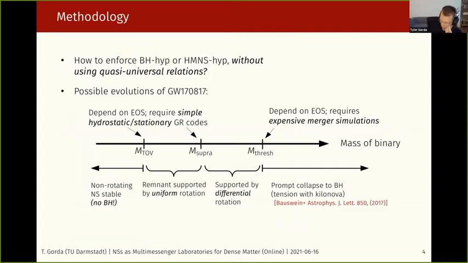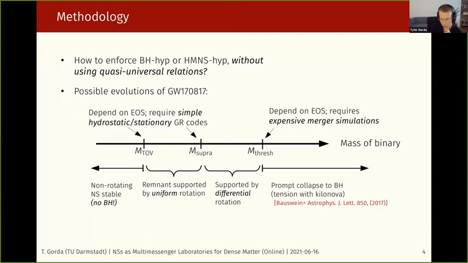Yeah, this is a good point. There is such a relation. We're pretty wary about using a universal relation, even with more parameters like that, because we really have quite exotic equations of state in our ensemble.